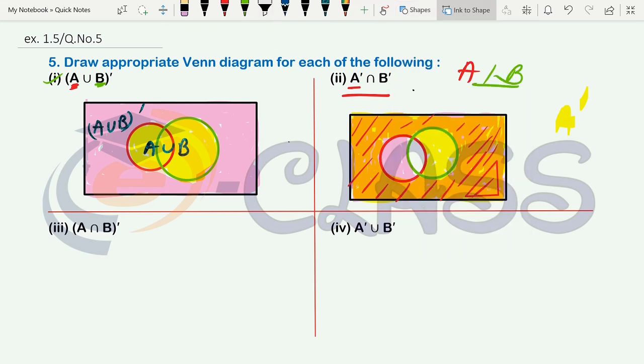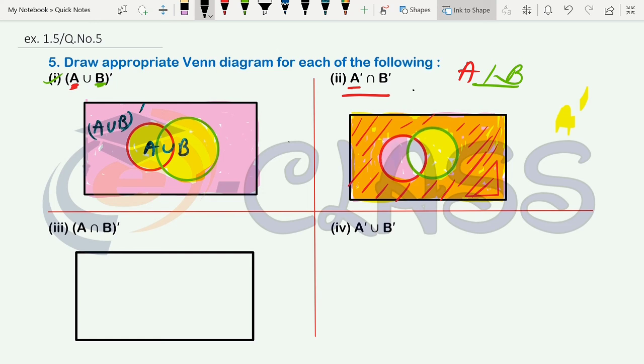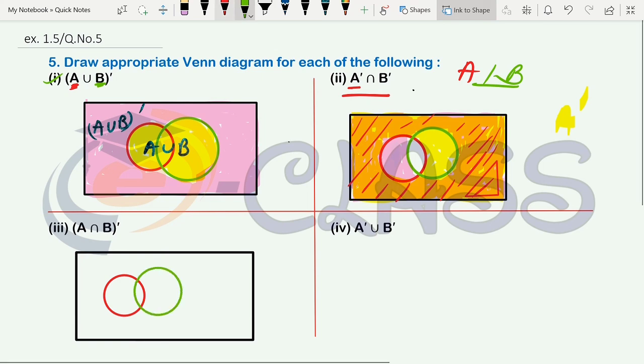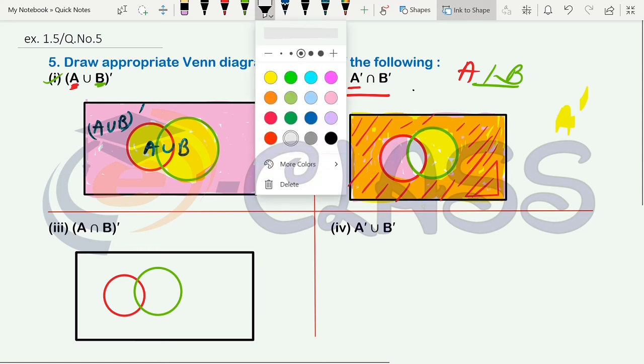Now the third picture. For the third picture, we just draw a rectangle. Now A intersection B complement. For A intersection B we want two circles. We all know what A intersection B is.